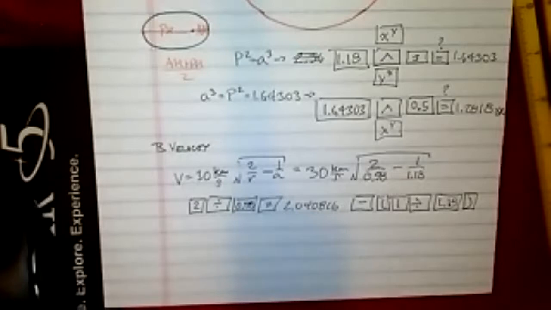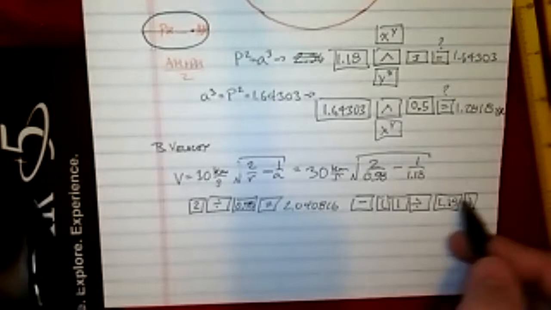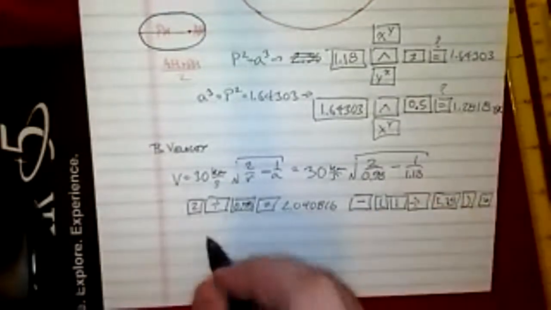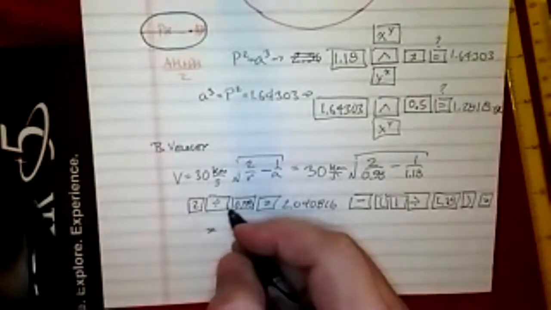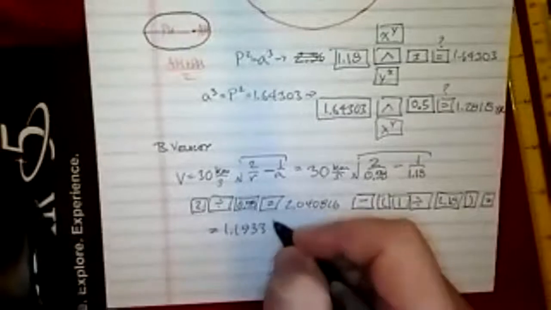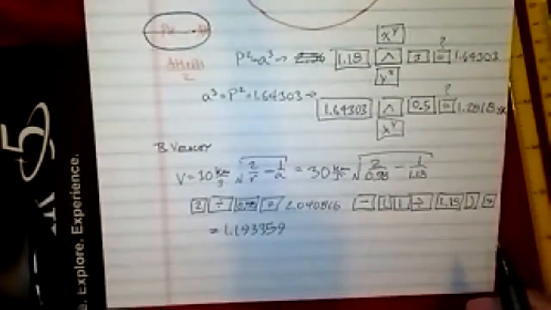Some calculators just require you to hit the parenthesis once, so be careful with that. So that's the whole thing right there. I hit equals, and that's just everything under the square root, and I get an answer of 1.193359. I'm giving you way more digits just to make sure you got the same thing I did.